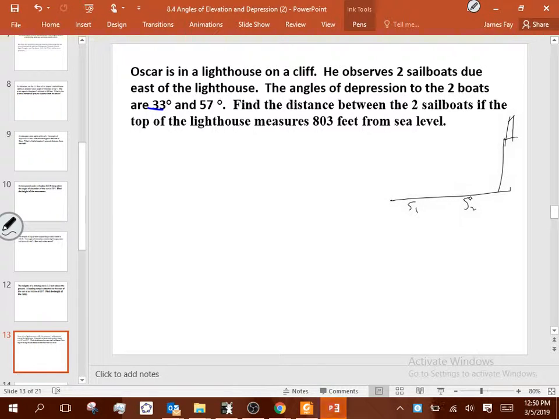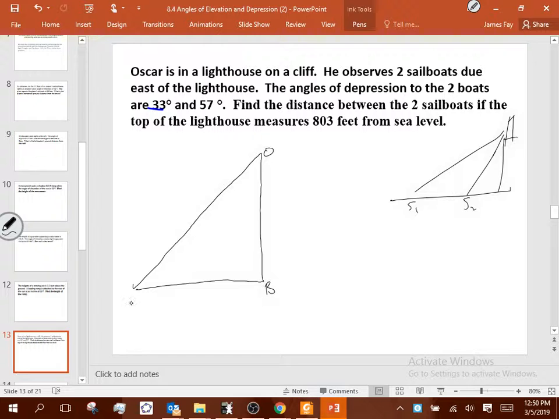S1, S2. Okay? So if Oscar was up here, this is the base, and this is S1, we said that this was 33 degrees, right? This was 803, right?